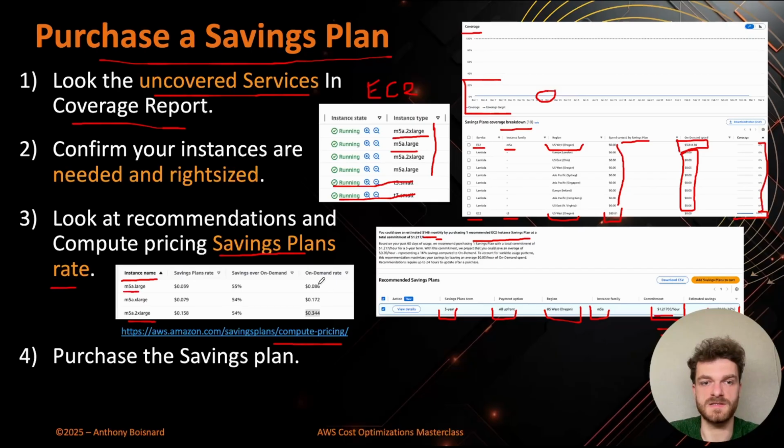And you can see here the difference between the on-demand rate and the savings plans rate. And what you need to purchase here as the commitment is a sum of all those types and sizes. So I will purchase 2 of this and 2 of this one. You have to do the sum, and then you can purchase it.